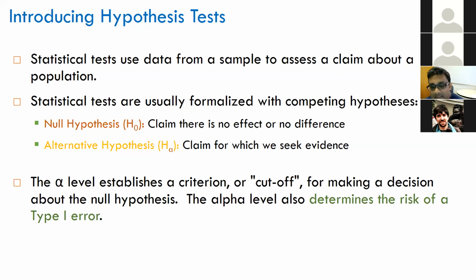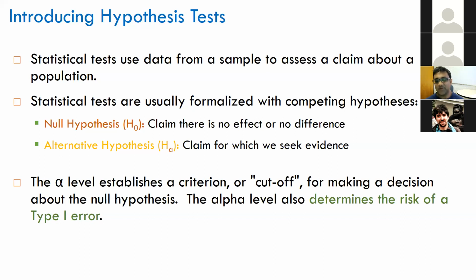So the criteria to select null or alternative, the decision depends on something, a cute little thing called the alpha value, right?